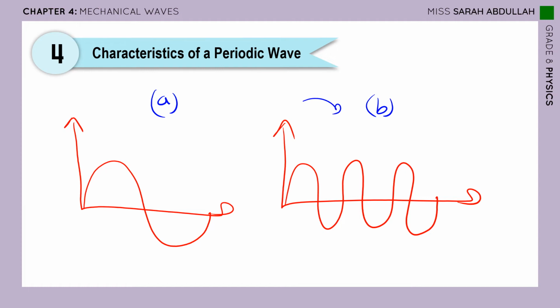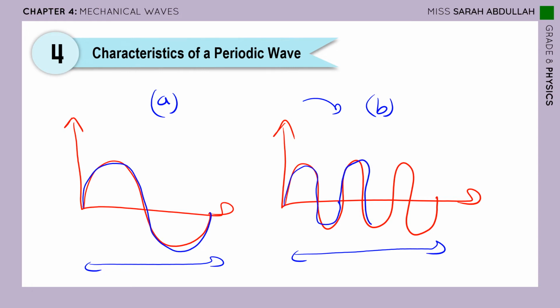Because you can see during a certain time, which is exactly the same time right here, here we have 1 cycle, but here we have 1, 2, 3 cycles happening. 3 cycles performed during this time. So more cycles, more vibrations, it means that this one will have the bigger frequency. You get it? Okay.